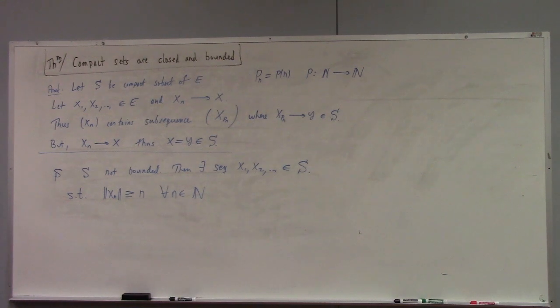If it's not bounded, you've got to be able to find points beyond n in distance. And he says clearly x_n does not contain a convergent subsequence.